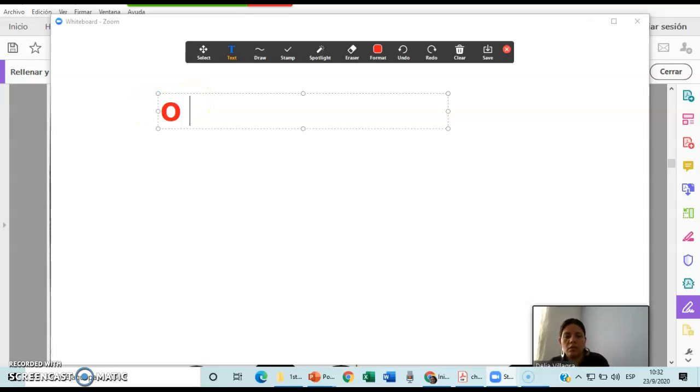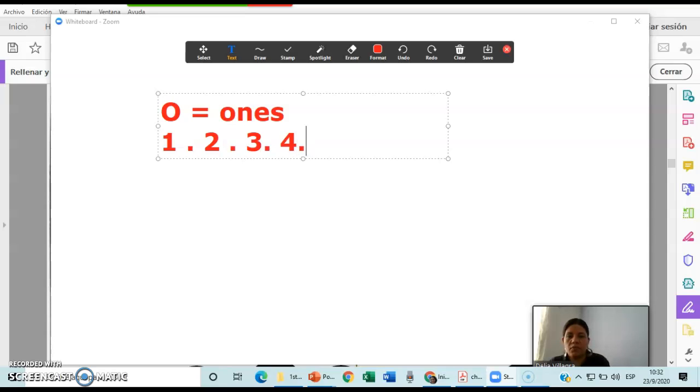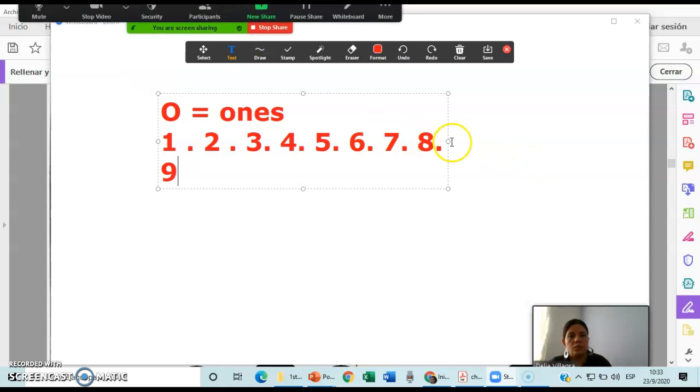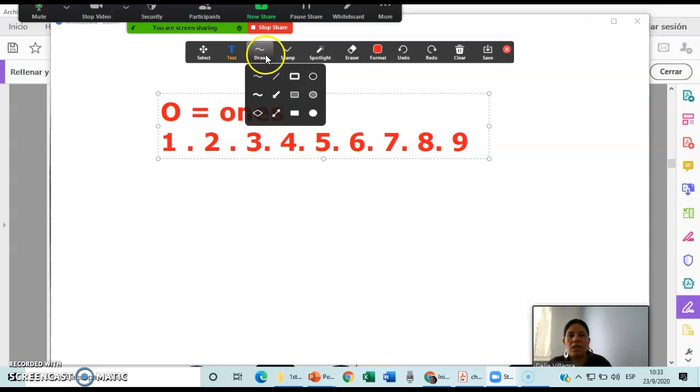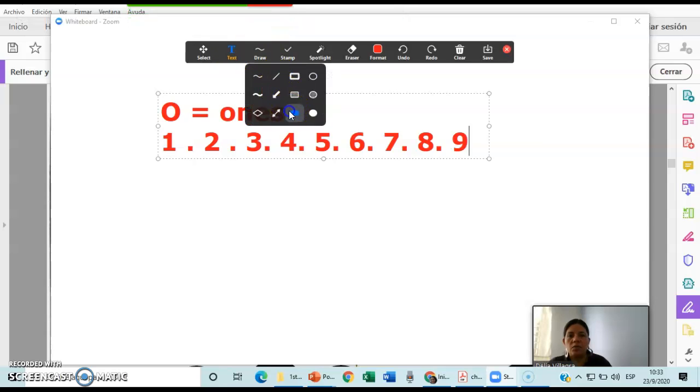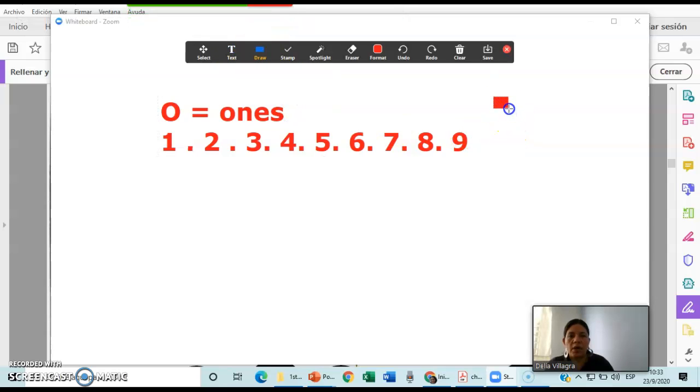So ones is 1, 2, 3, 4, 5, 6, 7, 8, and 9. This is ones. How do you represent that? Okay, so when we're counting, we represent that with a small box like this.